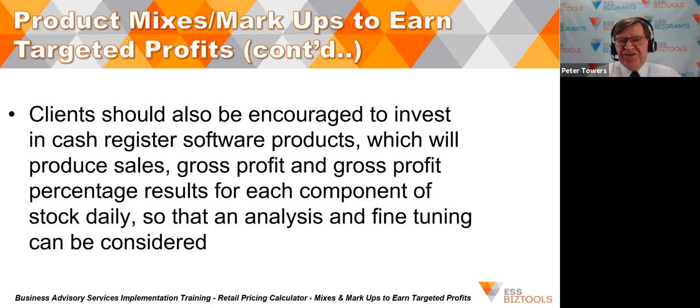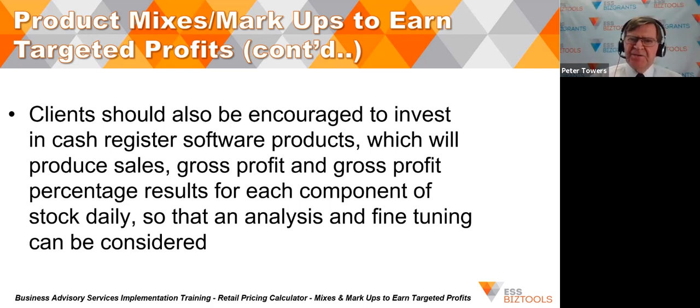Today, we've got cash register software, which will, based on barcodes that have been inserted on the products in the first instance, allow each item to be identified, what department it's from, what section it's from, so that individual detailed gross profit indicators, sales, gross profit percentage, are available as a printout each day, so that management can sit and look and see what's happening and determine what changes could be made.